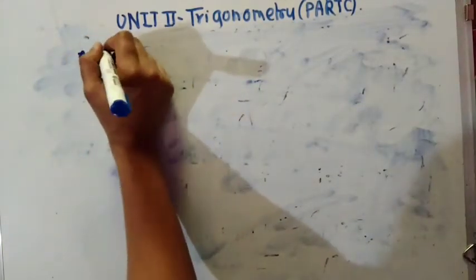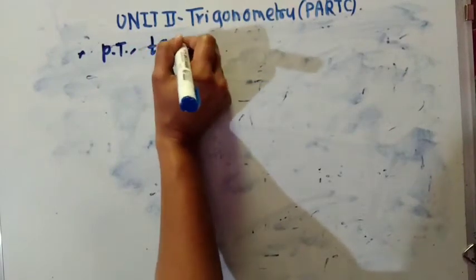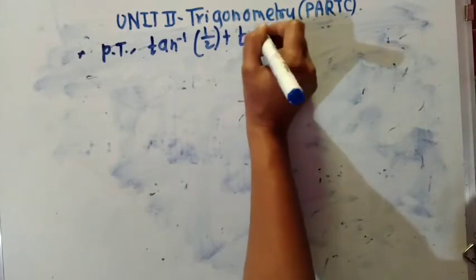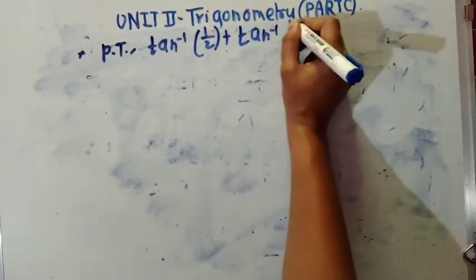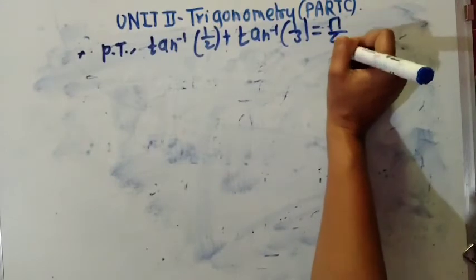Then we give the next example. Prove that tan inverse of 1 by 2 plus tan inverse of 1 by 3 is equal to pi upon 4.